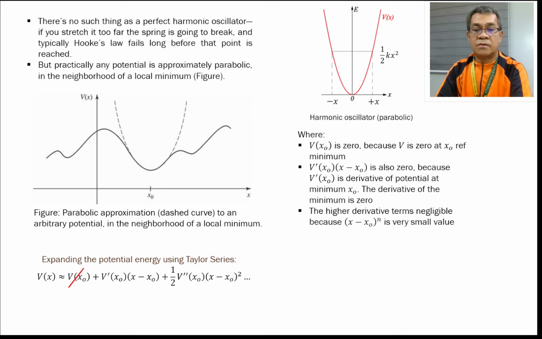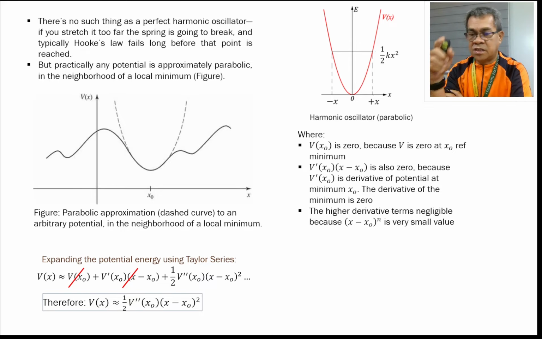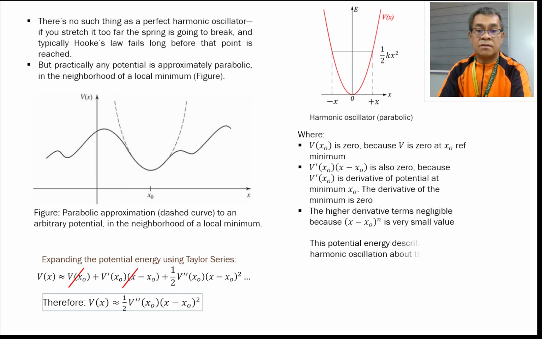In other words, we can analyze it using only the second order derivative of the potential energy as a function of position, and take note it's squared. So the potential energy as a function of position can be represented by one half V double prime at x naught times (x minus x naught) squared.